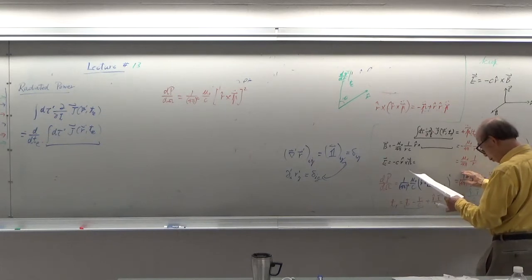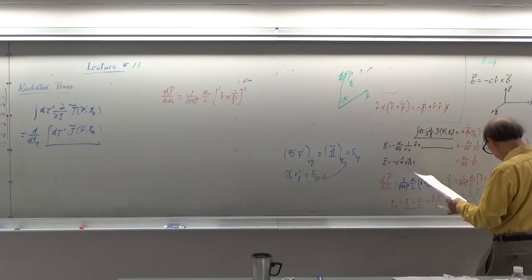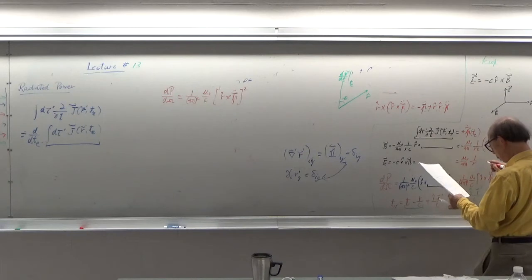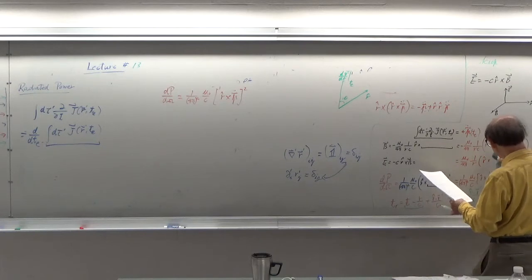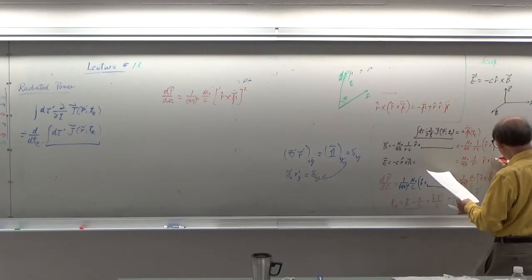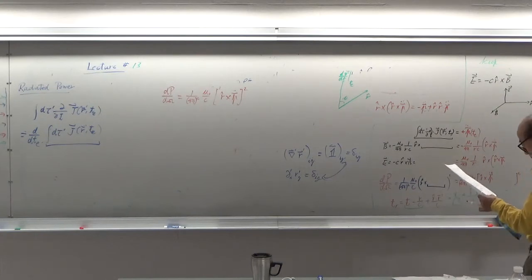So 1 over 4 pi, this one, 1 over r, r hat cross this, r hat cross p double dot. All right, unless I've made a mistake somewhere.